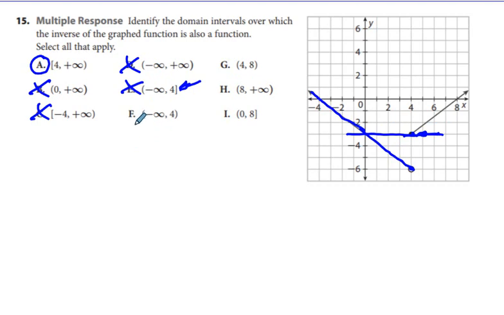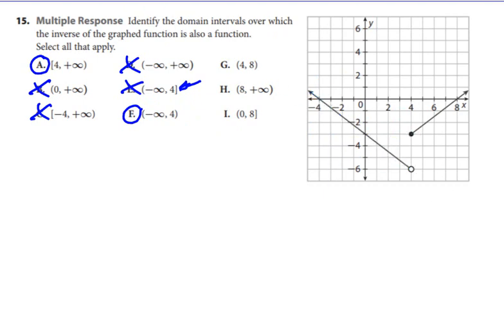Next, look at F, you have -infinity to 4, but parentheses. So that means this point is excluded, and that means for case F, the horizontal line test works, and the inverse of that particular interval is a function.